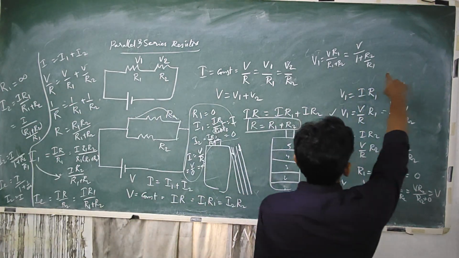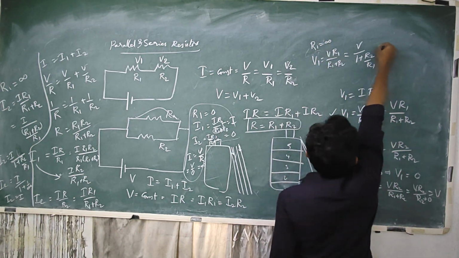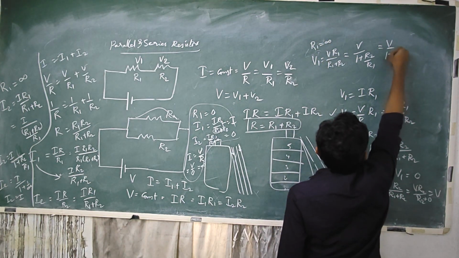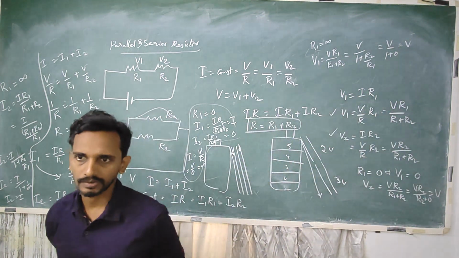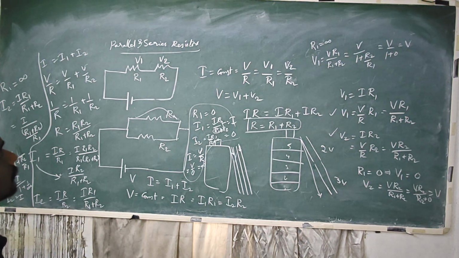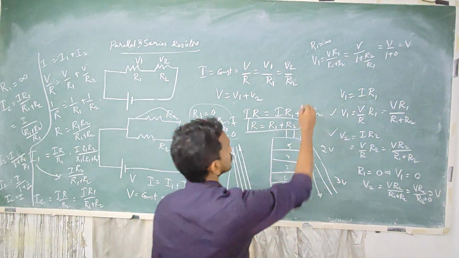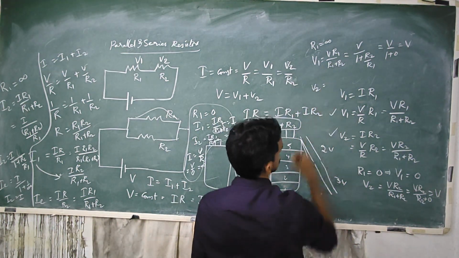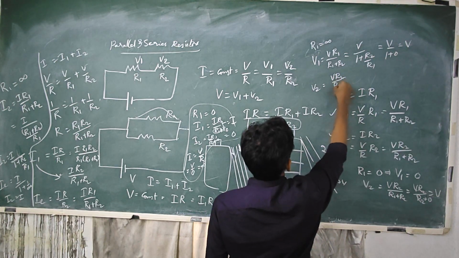So when R1 is infinity, this is V by 1 plus 0, so V1 is V. The entire voltage will be dropped. What about V2? V R2 by R1 plus R2.